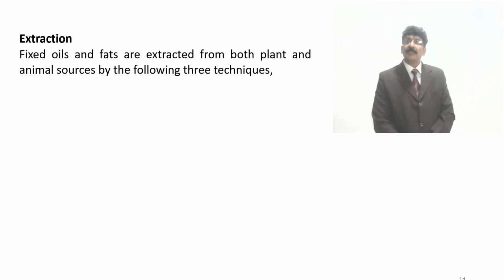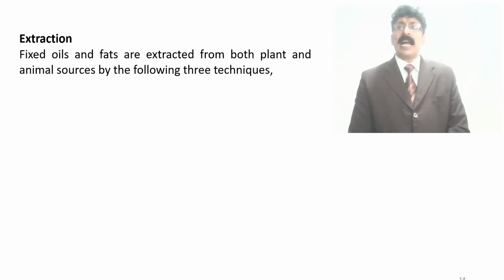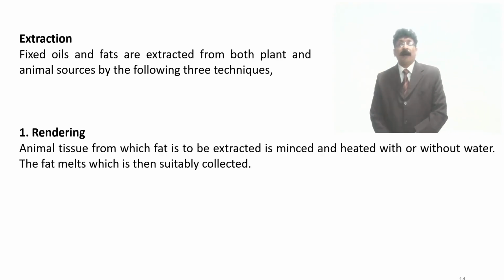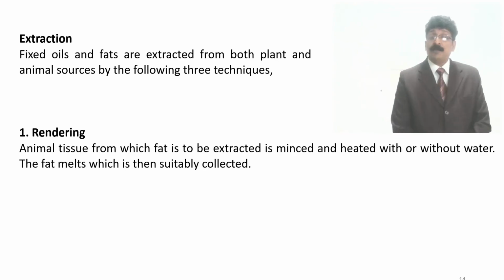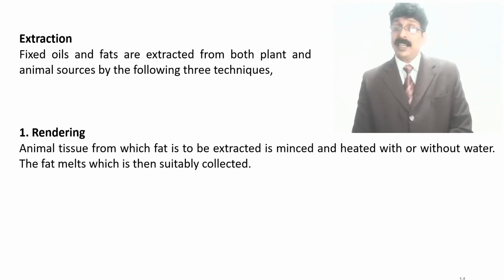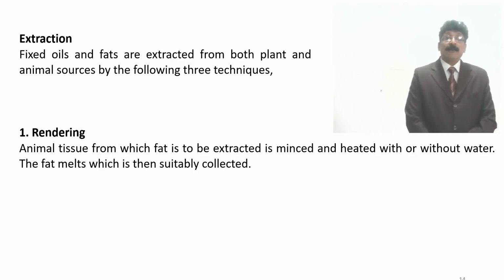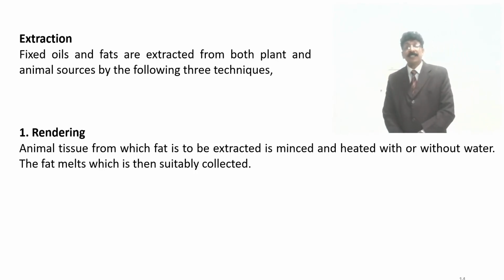Extraction. Fixed oils and fats are extracted from both plant and animal sources by the following three techniques. Rendering: animal tissue from which fat is to be extracted is minced and heated with or without water. The fat melts, which is then suitably collected.